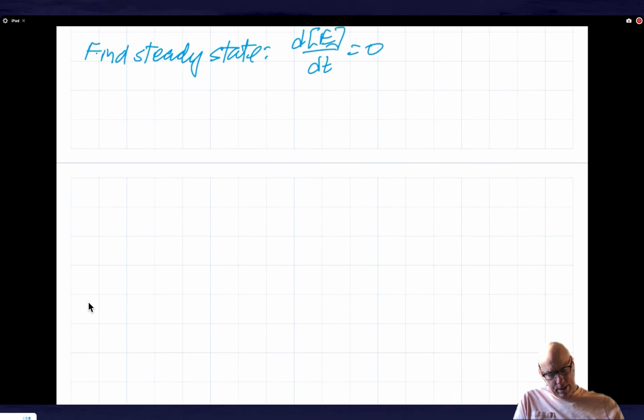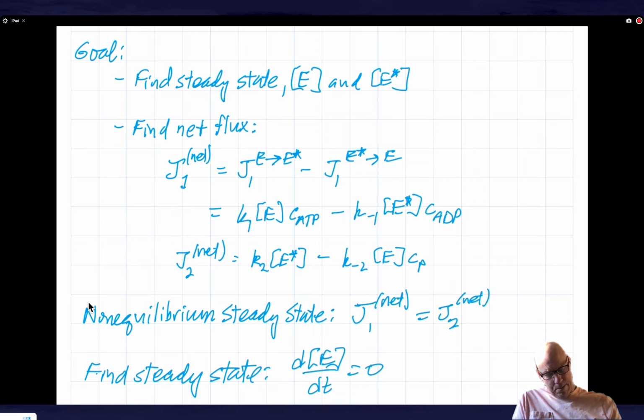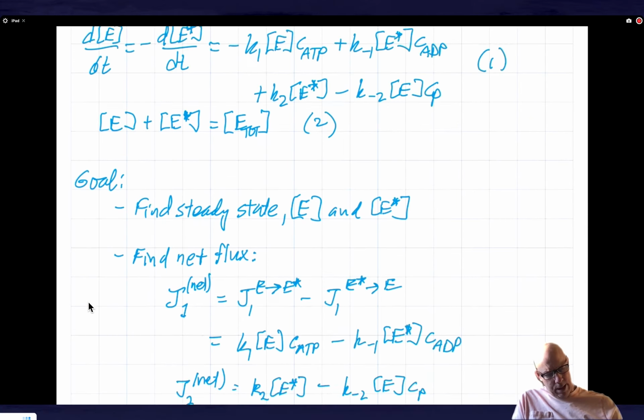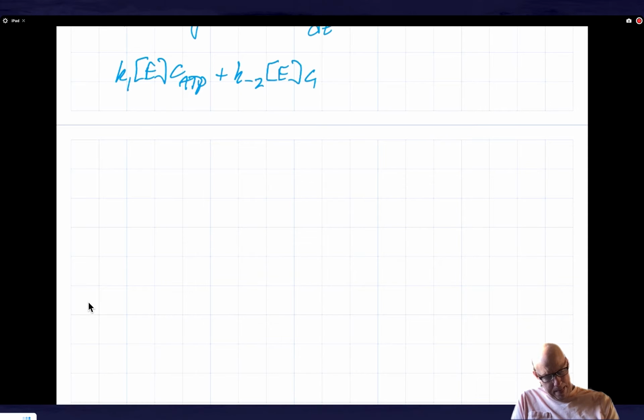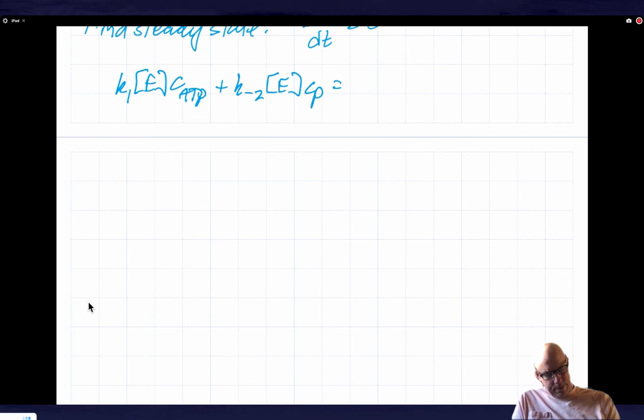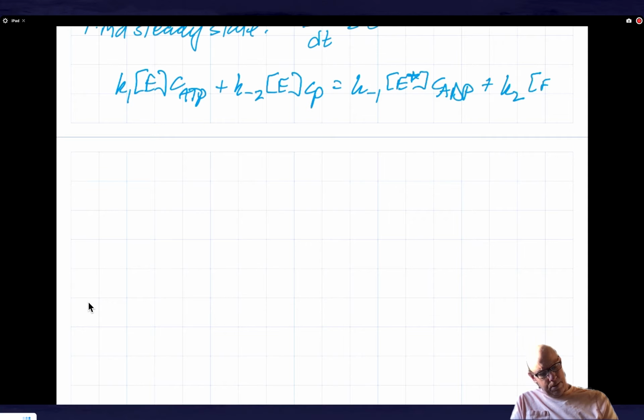What I'll be left with is K1 times E times C ATP, and then I also have K minus 2 times E, and that gets attached to a Cp, and that's going to be equal to, looking up here at our equation, K minus 1 E star C ADP, plus K2, and that's just going to be E star. So that's our condition of steady state.